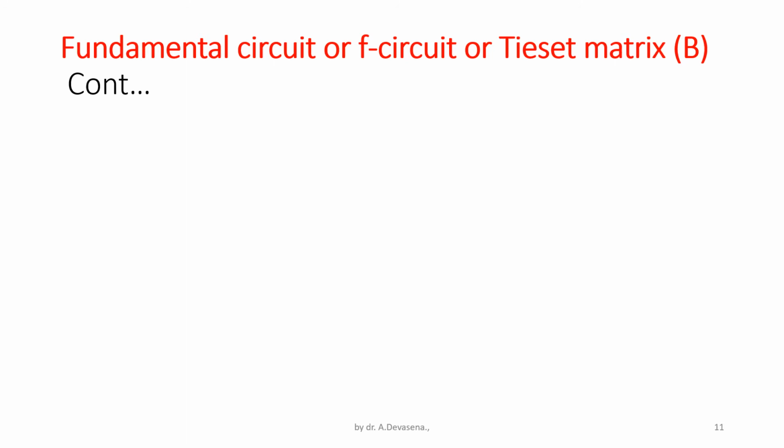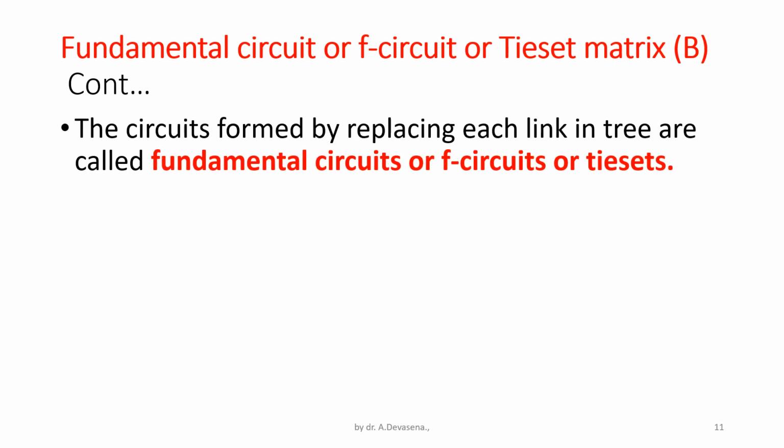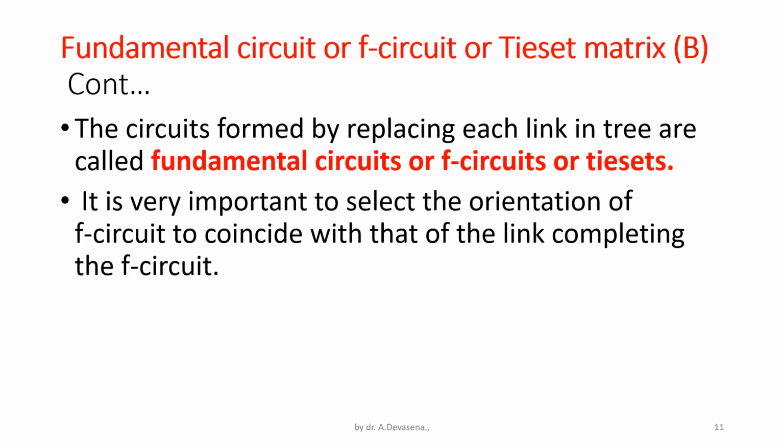The circuits formed by replacing each link in the tree are called fundamental circuits or F circuits or tie sets. It is very important to select the orientation of the F circuit to coincide with that of the link completing the F circuit.